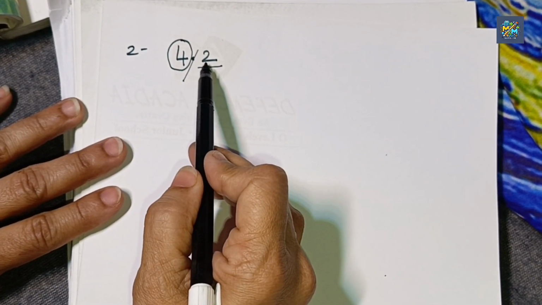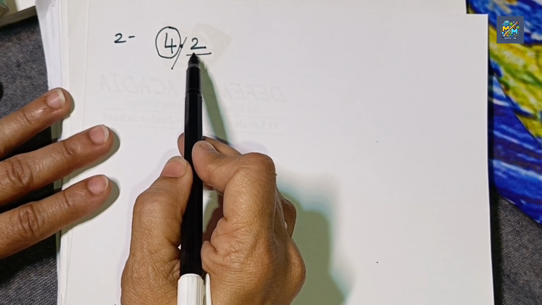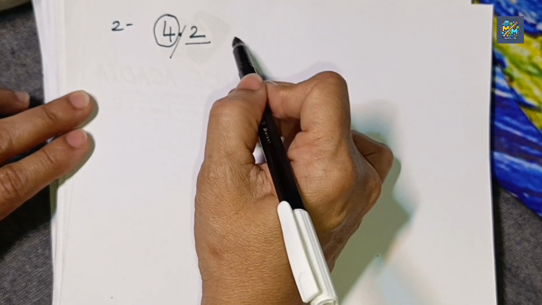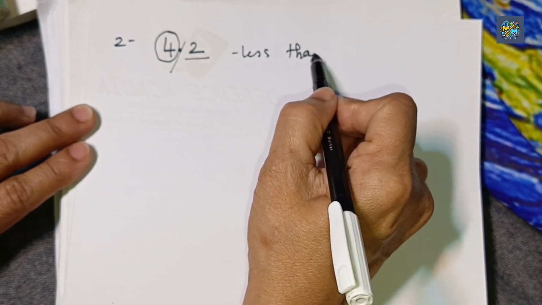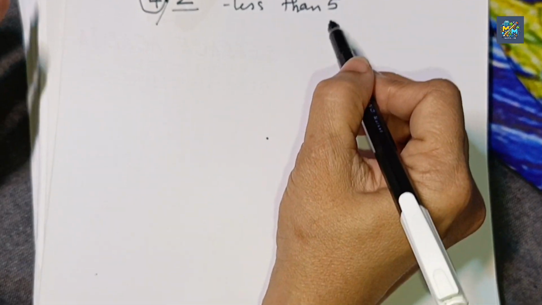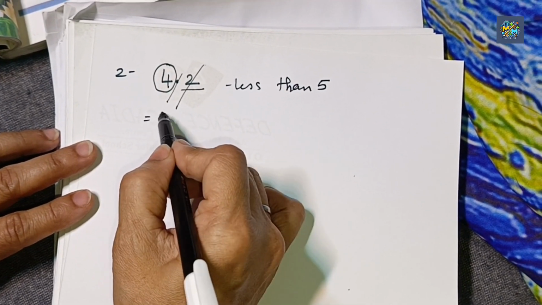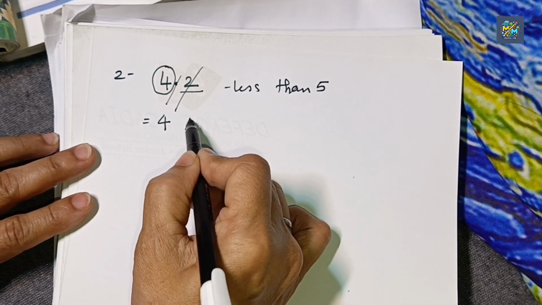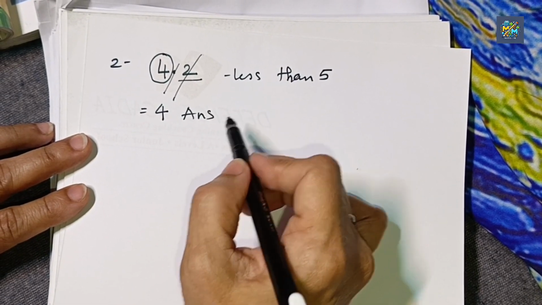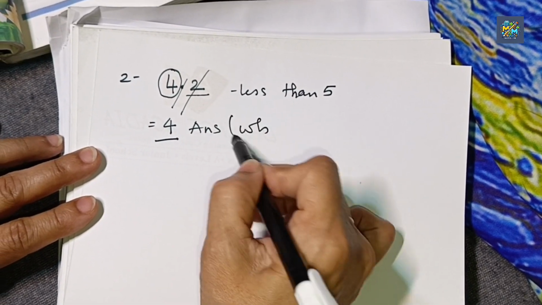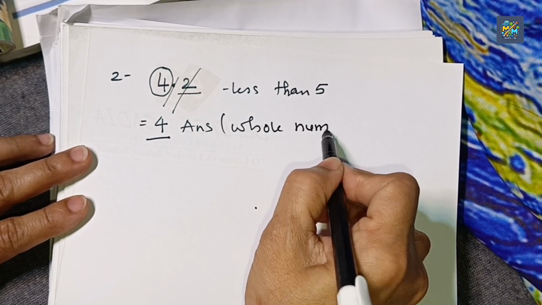After the decimal the number is 2, which is less than 5. Less than 5 means do not consider this number, and the answer will be purely 4. So 4 is the answer, and 4 is the whole number.